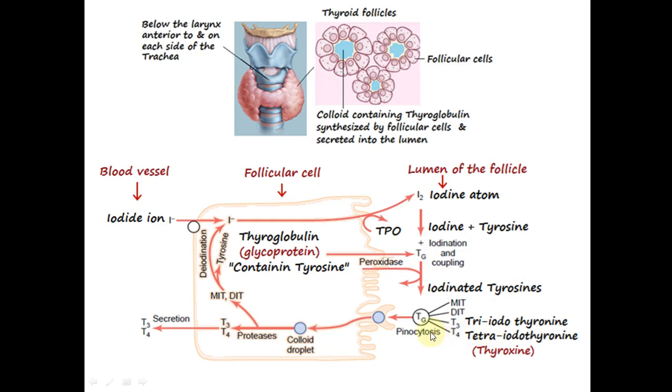Now the follicular cells take small pieces of the thyroglobulin that contains the thyroid hormone by pinocytosis.